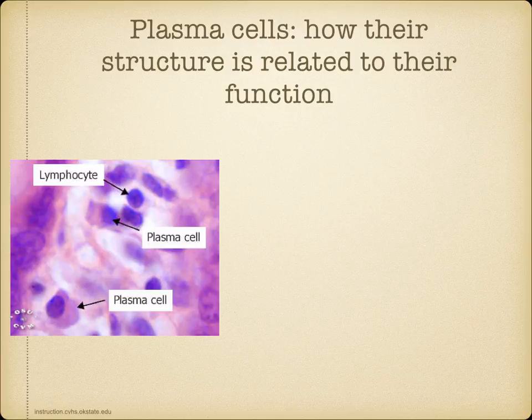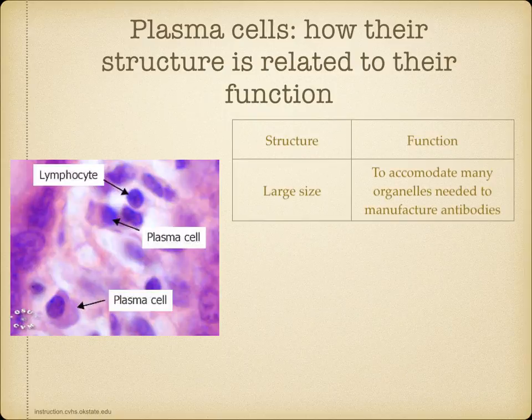Right, plasma cells differ from B lymphocytes, from which they develop in a number of different ways. These differences relate to plasma cells' function of producing antibodies at a phenomenal rate. So compared to B lymphocytes, they have a large size, and this is to accommodate many organelles needed to manufacture antibodies.